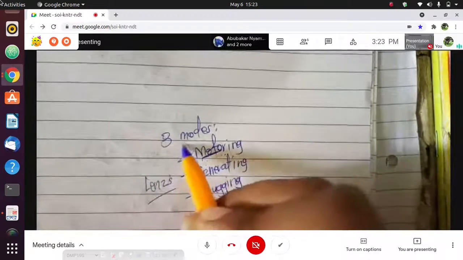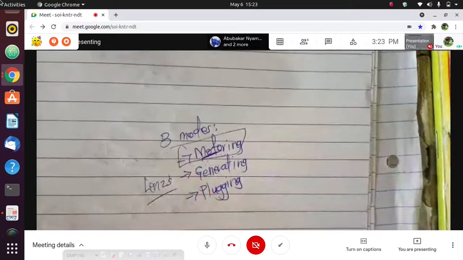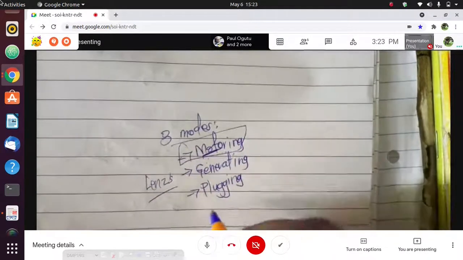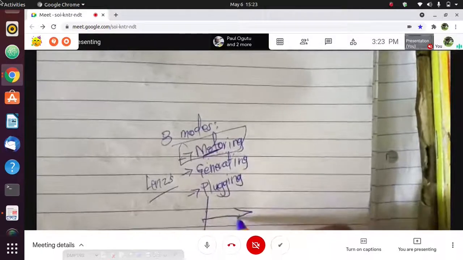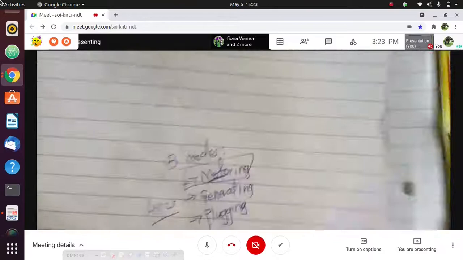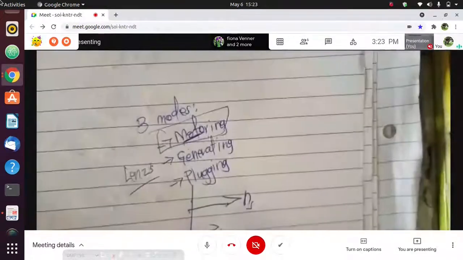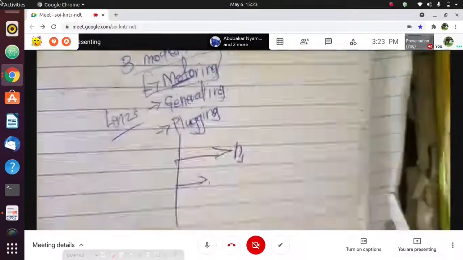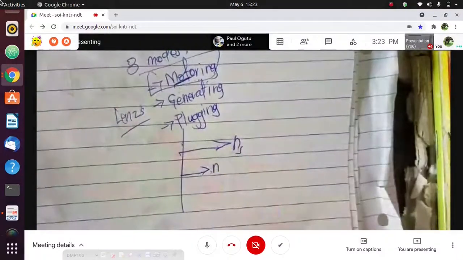That is the normal operation of the three-phase induction motor, known as motoring. The speed of the rotating magnetic field in the air gap is greater than the rotor speed.